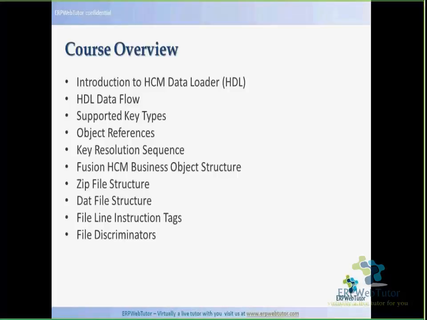For example, worker information is also considered a business object, but it consists of the details of the person, their demographic details like age, gender, legislative information, followed by their address information, followed by their email. All these are put together into one business object called worker.